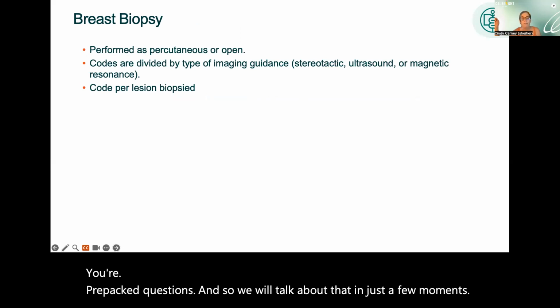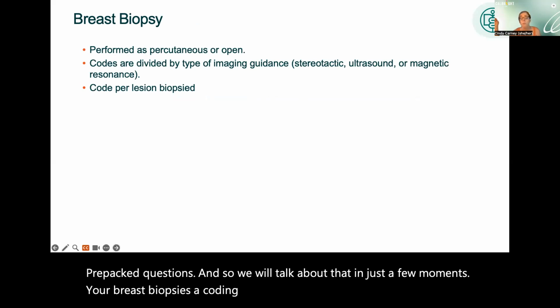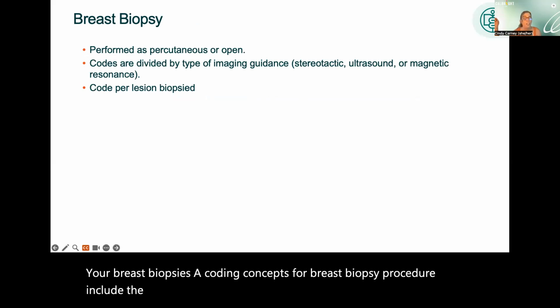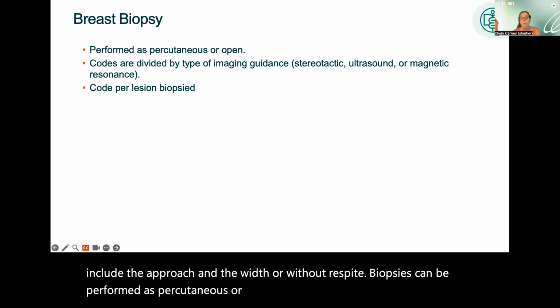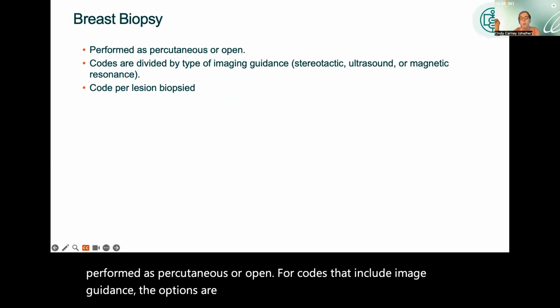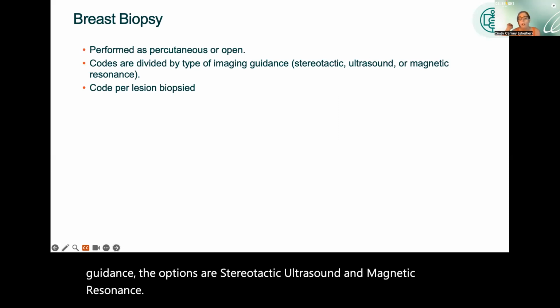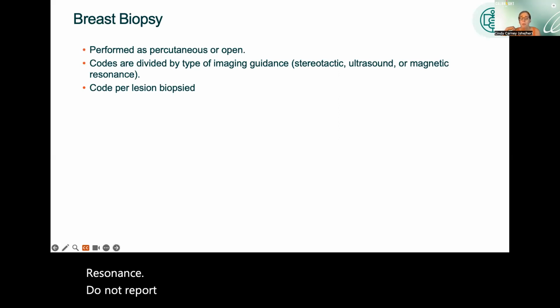For your breast biopsies, coding concepts for the breast biopsy procedure include the approach and the with or without imaging. Breast biopsies can be performed as percutaneous or open. For codes that include image guidance, the options are stereotactic, ultrasound, and magnetic resonance. Do not report imaging guidance separately because it is included in the code description.